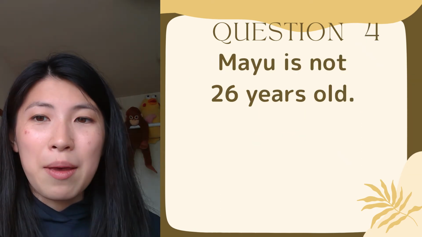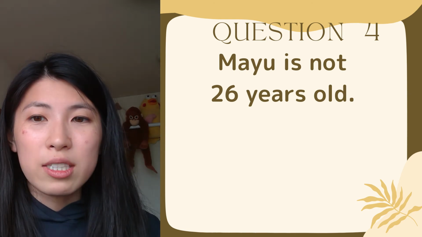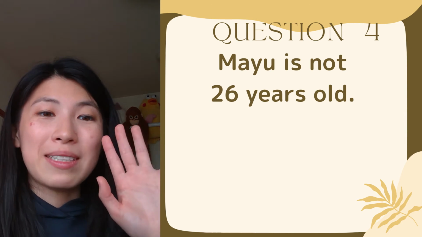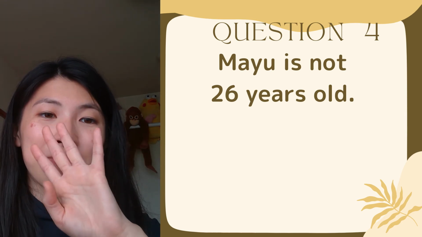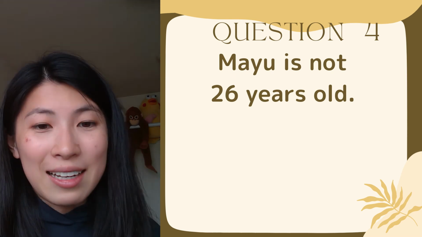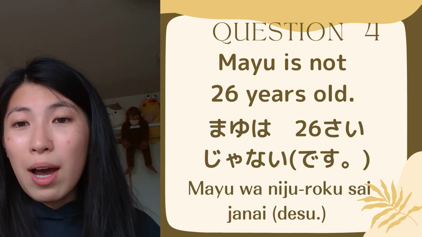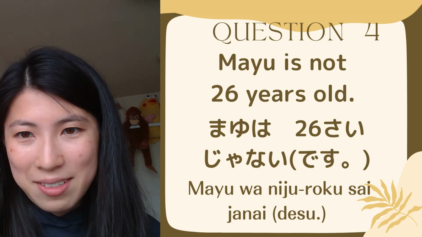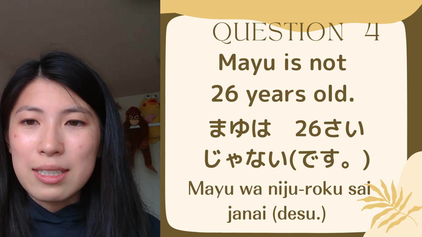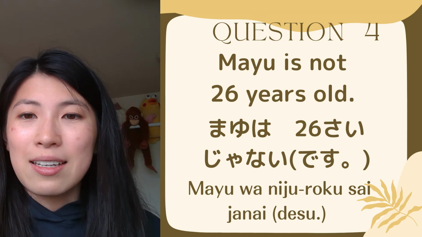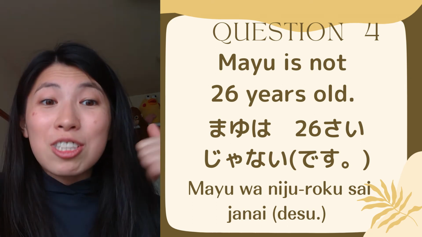How to say "Mayu is not 26 years old"? I give you 5 seconds. The answer is まゆは26歳じゃないです。So, good job!